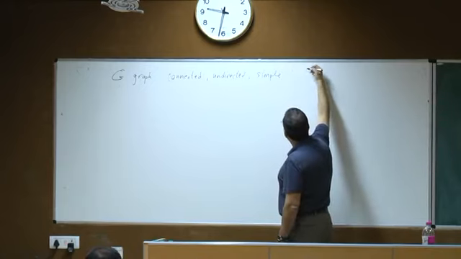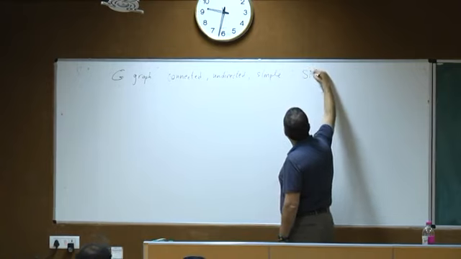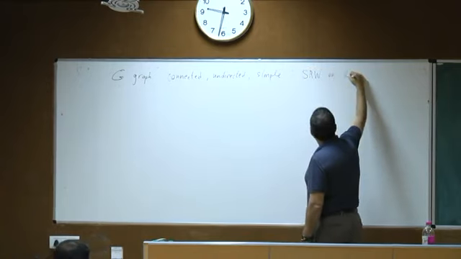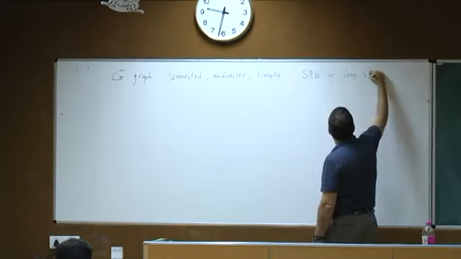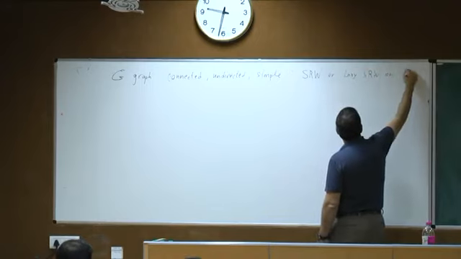We will consider the Markov chain to be simple random walk or lazy simple random walk. Both of them will work on G.